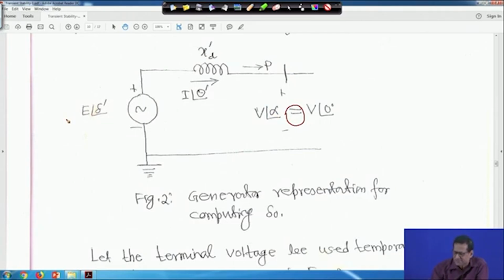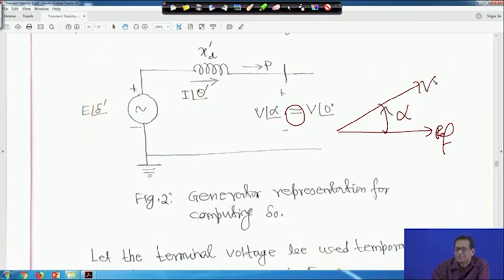Meaning is very simple. For example, suppose this is your reference line, right. Suppose this is your alpha, and this is your V, and this is your E, and this angle, say, I can make it delta 0, right.